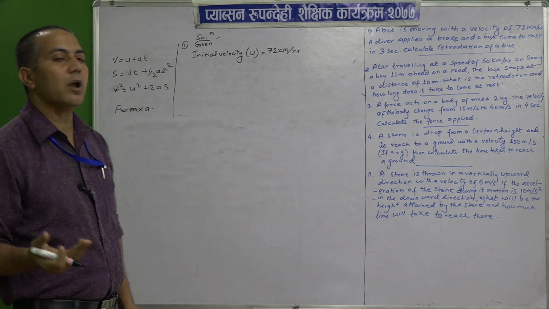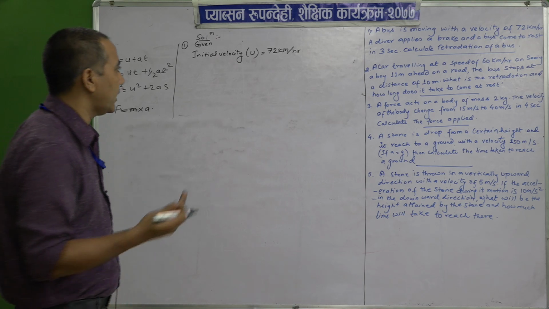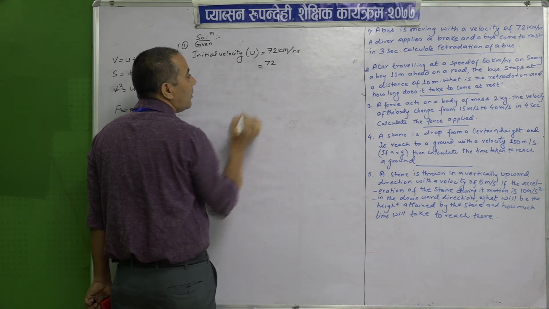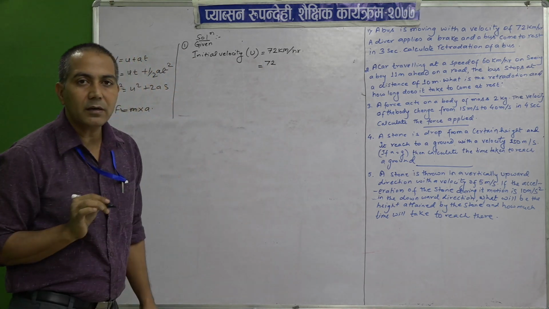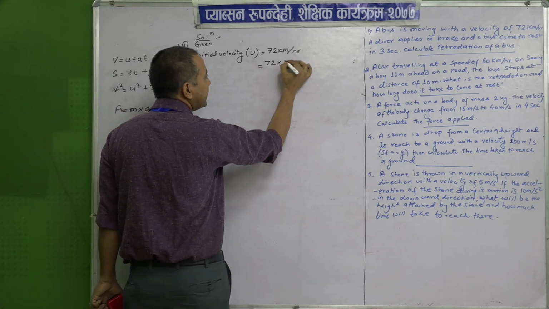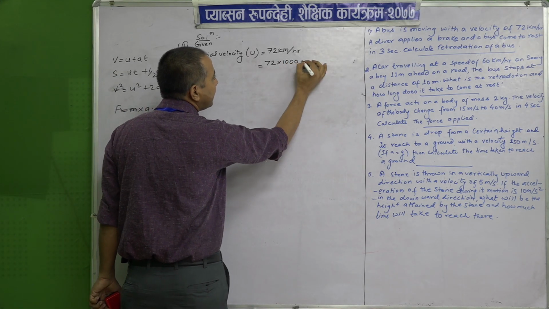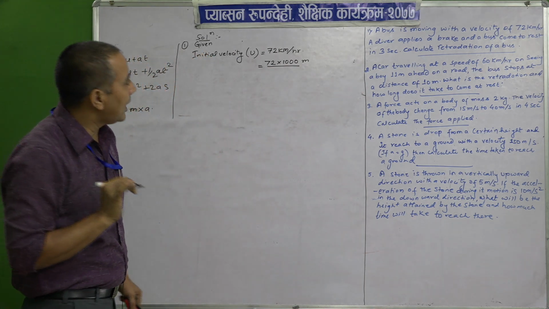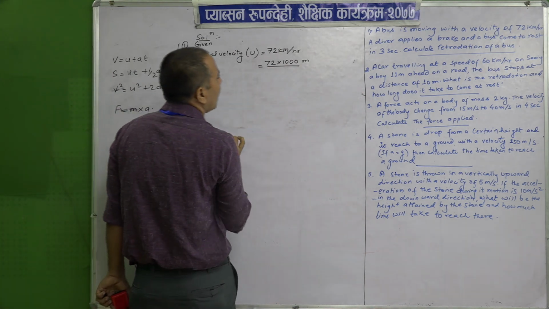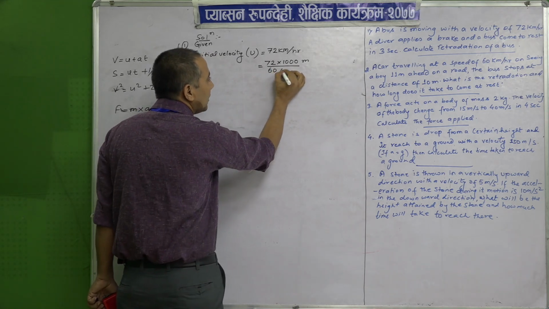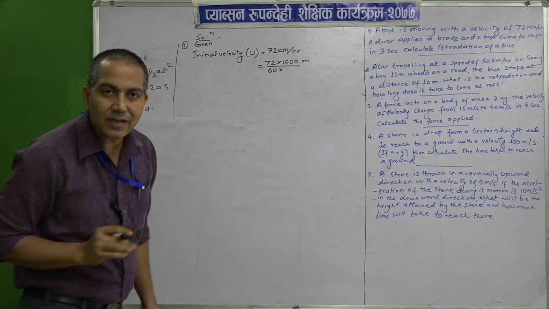How will we convert into meter per second? 72 kilometer means how many meters? If we multiply by 1000, it changes into meters. Then the next is hours. An hour means 60 minutes. Is minute in the SI system?